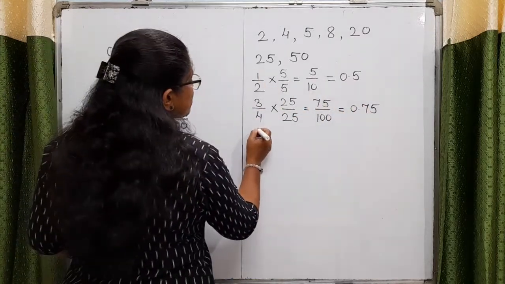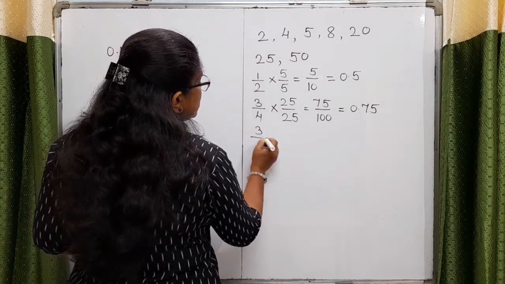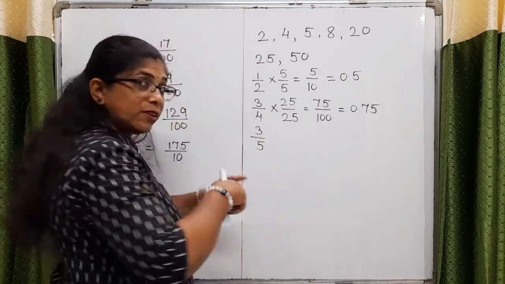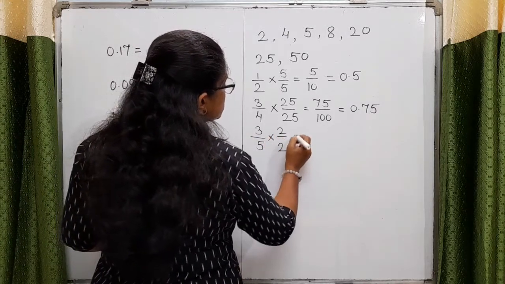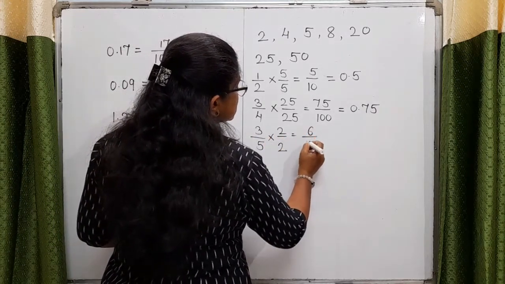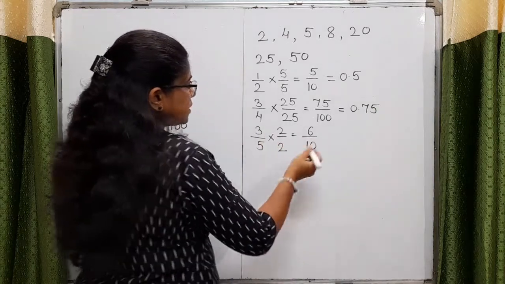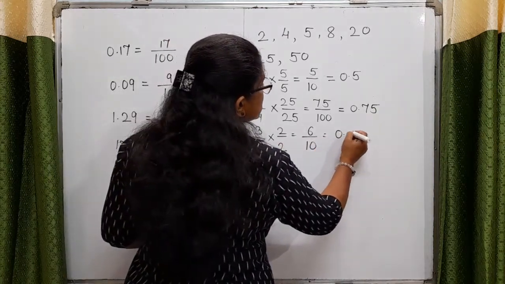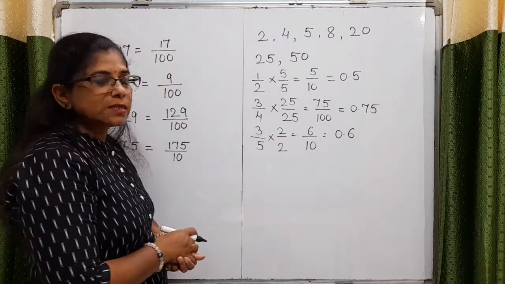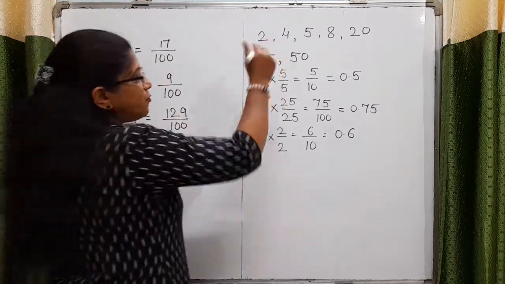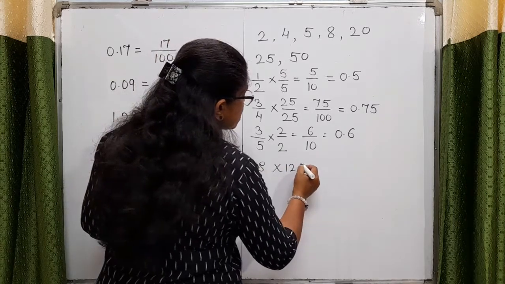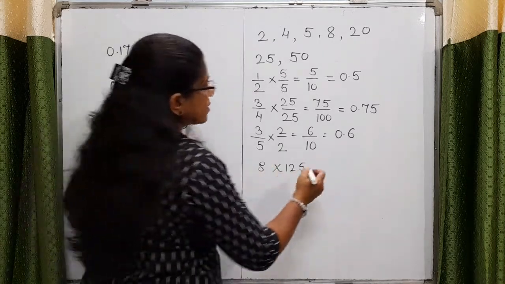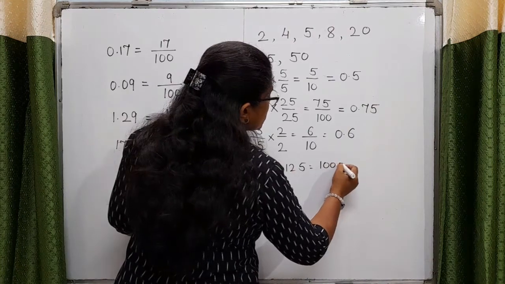If it is 5, let's take 3 upon 5. Now 5 we can make 10 by multiplying by 2 upon 2. 6 upon 10. 3 2s are 6, 5 2s are 10. The decimal form is 0.6. Now similarly, if our denominator is 8, you will have to multiply by 125. We get 1000.